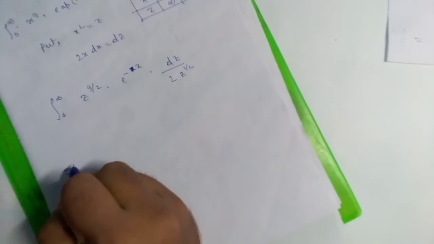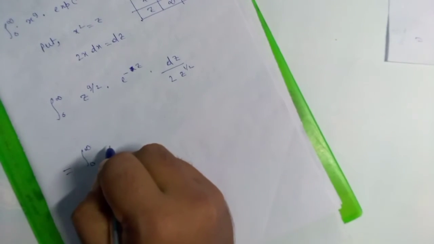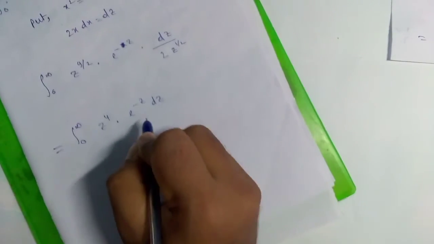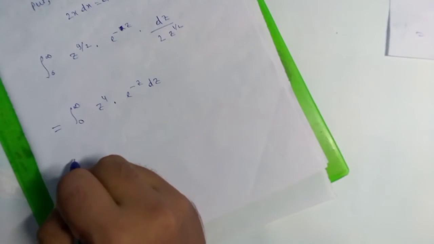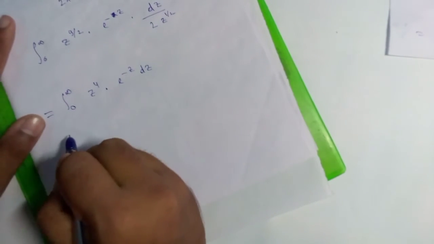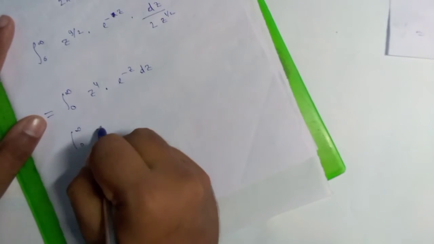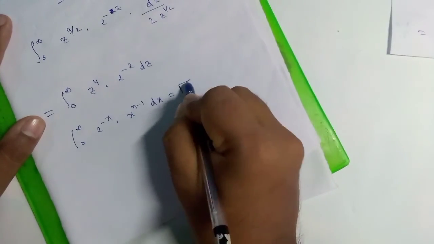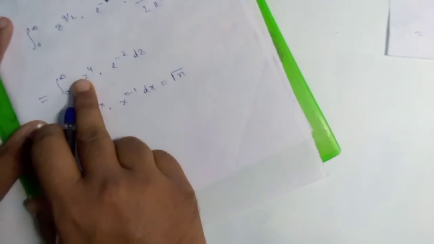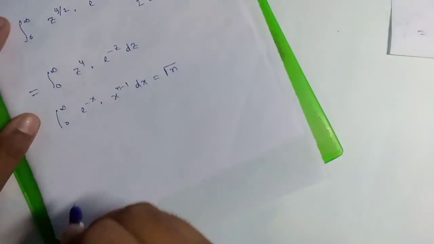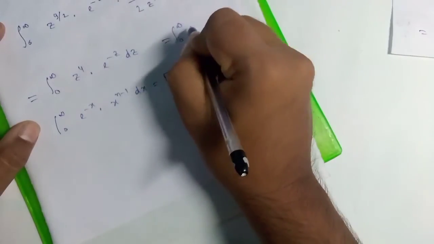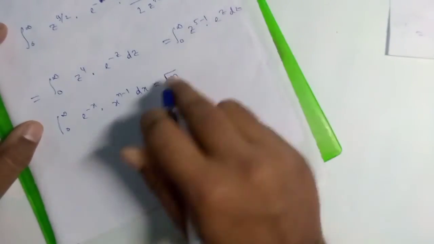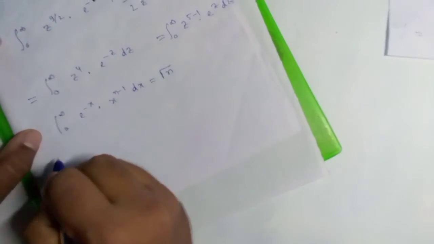Therefore the integration from 0 to infinity of z to the power 4 e to the power minus z dz. So from the definition, the integral of e to the power minus x into x to the power n minus 1 dx is equal to gamma of n. Here we can write z to the power 5 minus 1 e to the power minus z dz. Now we apply this definition, and it comes gamma of 5.